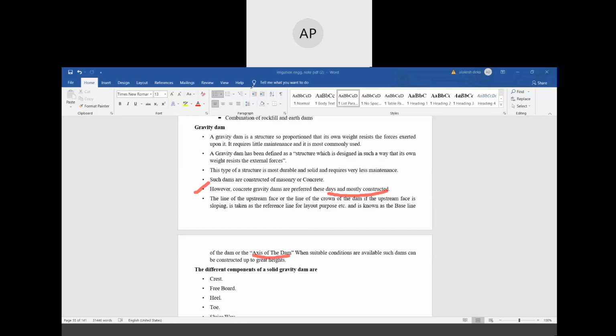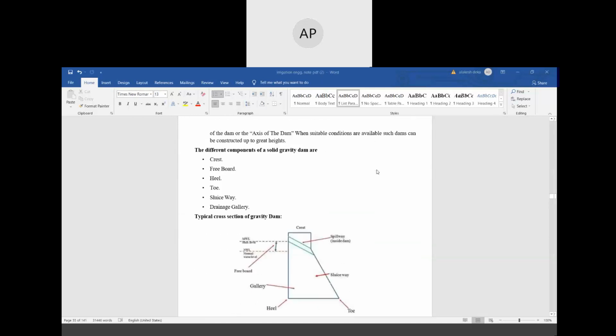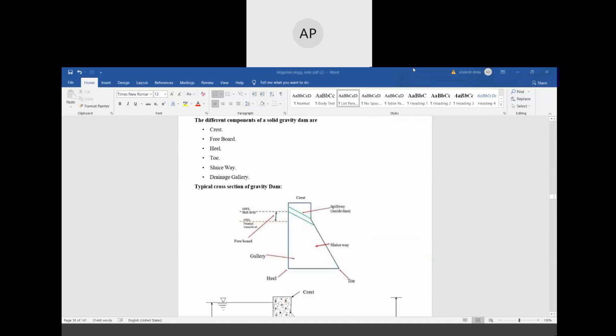So let's see what the components of a gravity dam are. It is very, very important. The different components of a solid gravity dam are crest, freeboard, heel, toe, sluiceway, and drainage gallery.